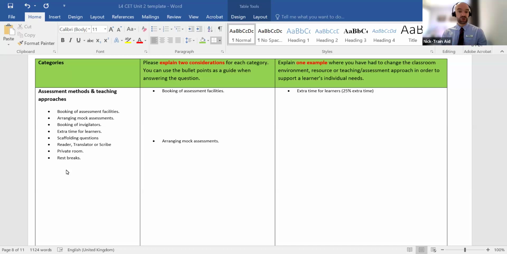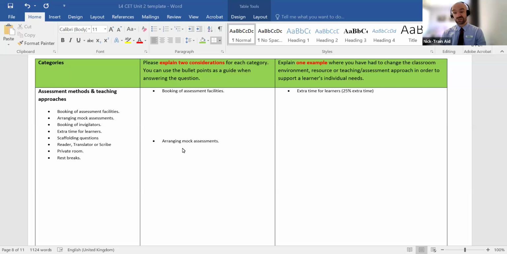So perhaps learners have got the opportunity to perform a mock test prior to their final assessment as well. So there's many things that we need to plan into our course with regards to assessment and our teaching methods here. So just within this column, I've just selected two examples, which I do in terms of my own courses.